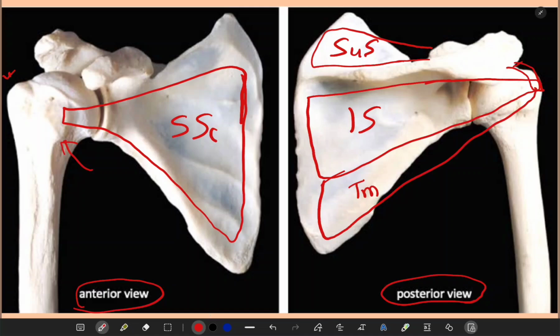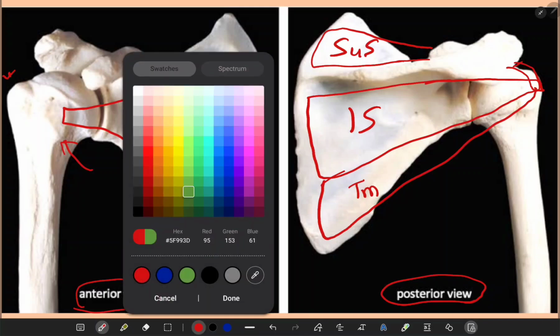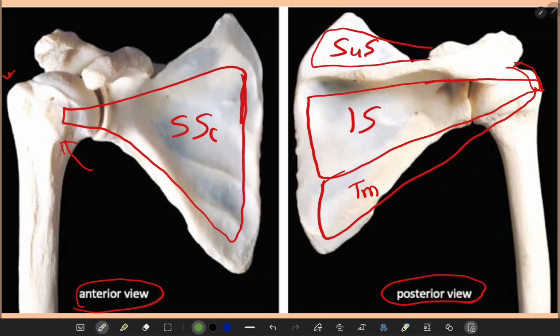Furthermore, the shoulder joint is also surrounded by a capsule and there are certain ligaments around this capsule. If you look at the anterior view, you can see that there is a ligament arising from the glenoid to the humerus, and that is called the glenohumeral ligament, which is divided into three.